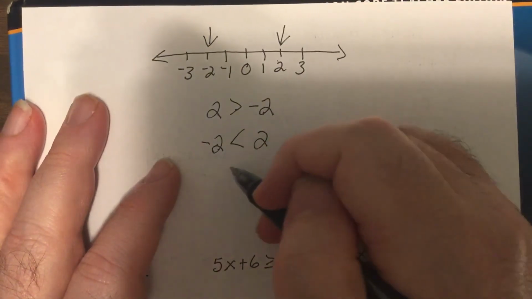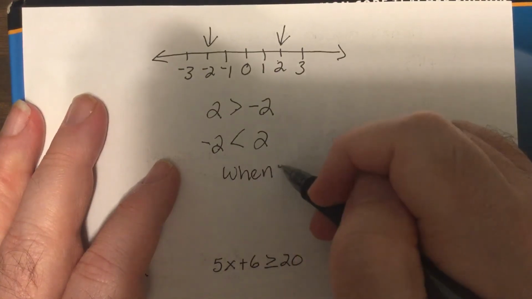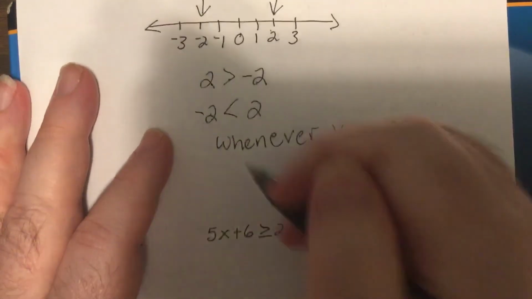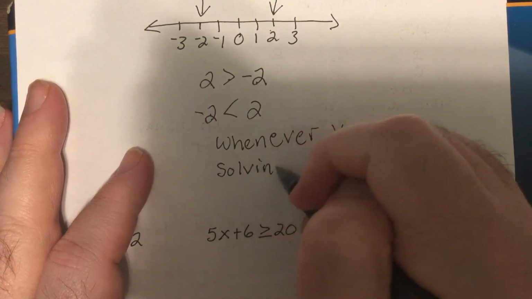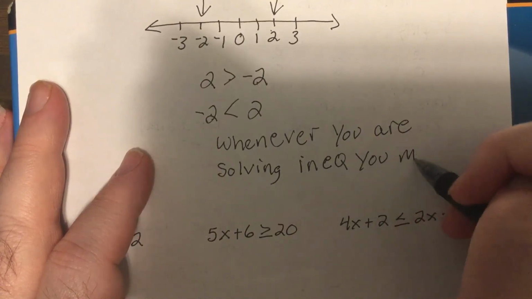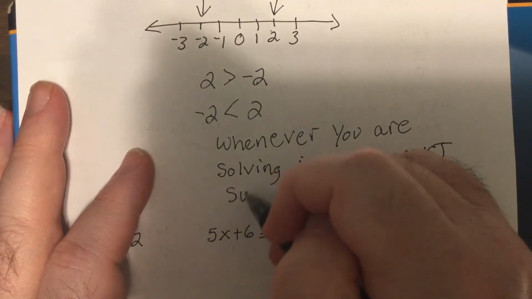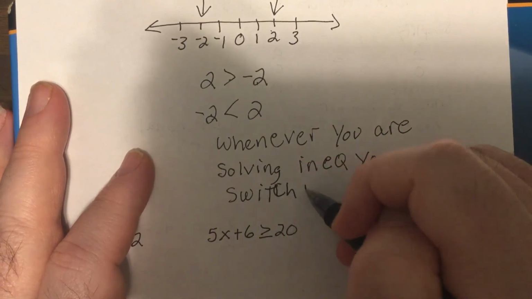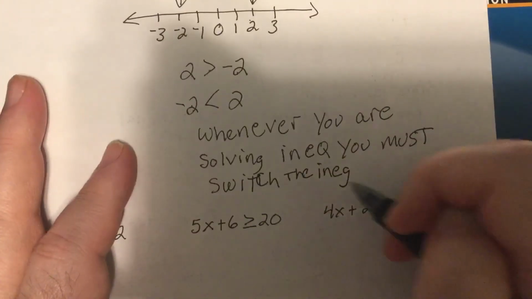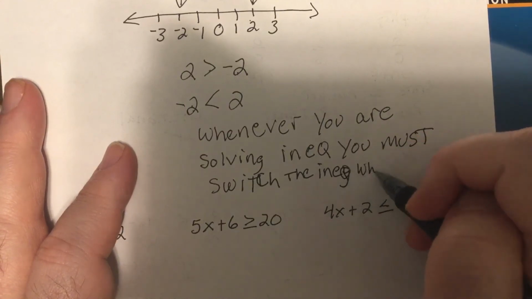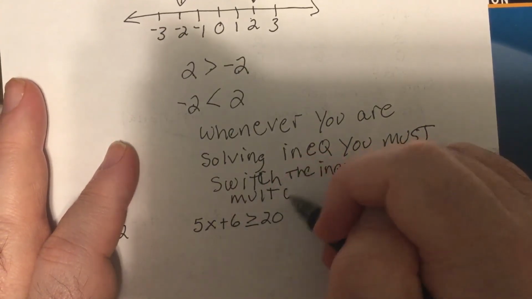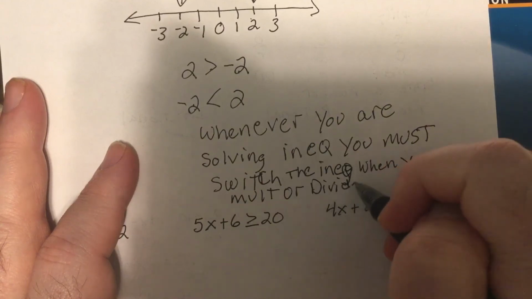So whenever you're solving inequalities, you must switch the inequality when you multiply or divide by a negative.